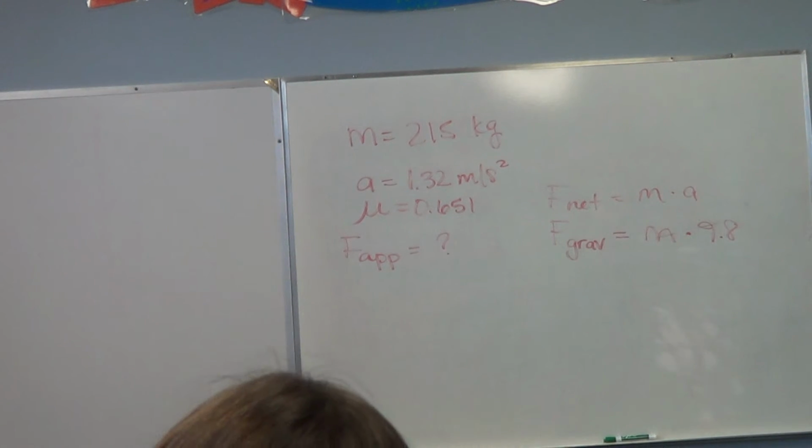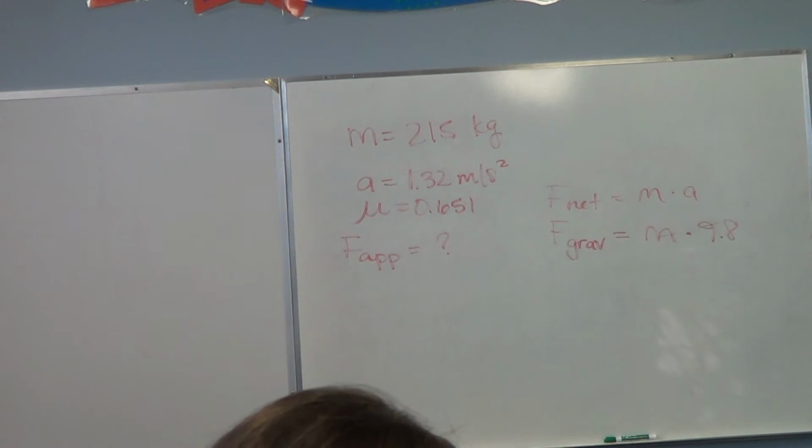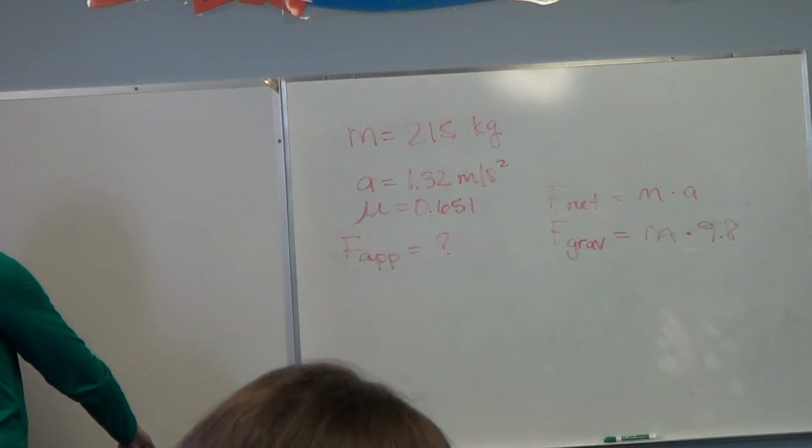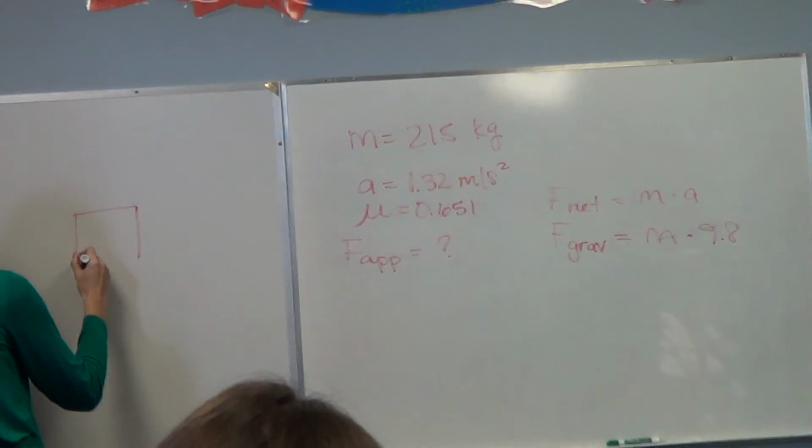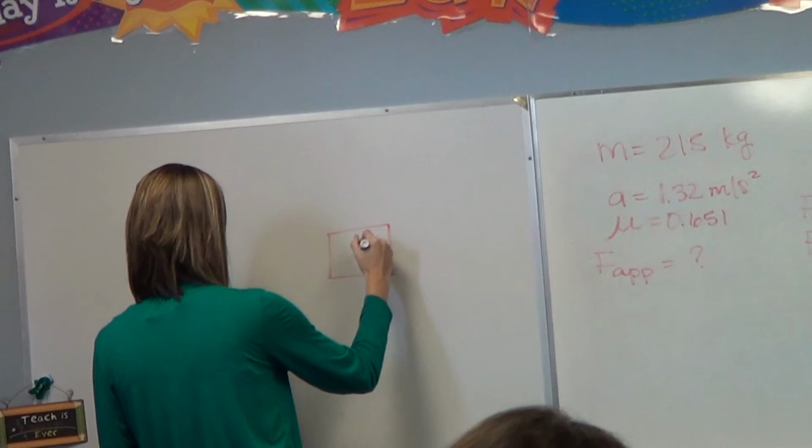Okay, so you should have four forces on your free body diagram. You should have gravity going down, normal going up, friction going left, and applied going to the right. So what can we assume about gravity and the normal force?